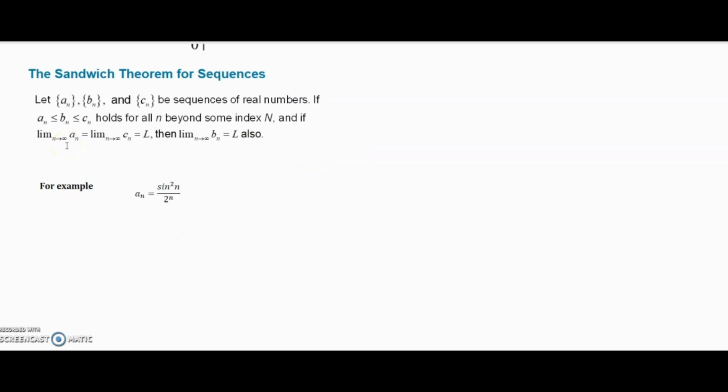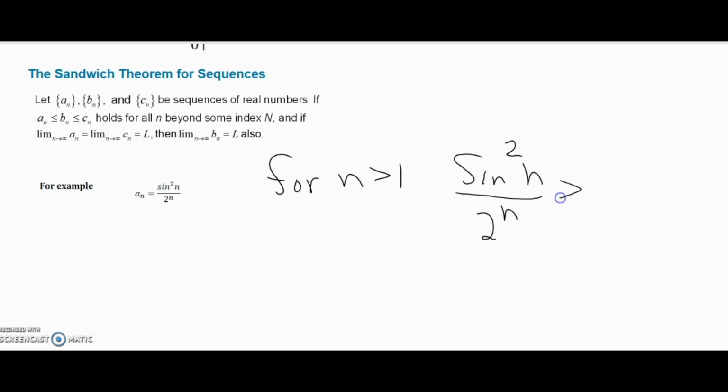We have the sequence A sub n equal to sine square of n divided by 2 to the n. Let's take a look at a couple of things. For n greater than 1, we know that sine square n divided by 2 to the n is greater than 0.